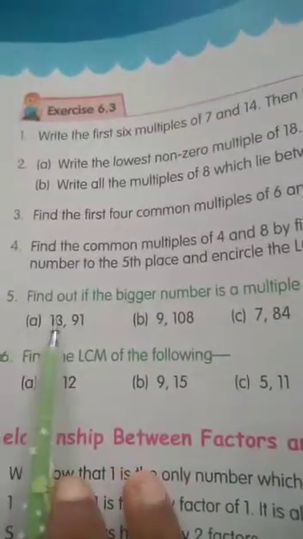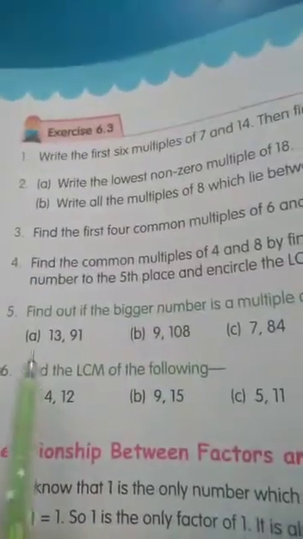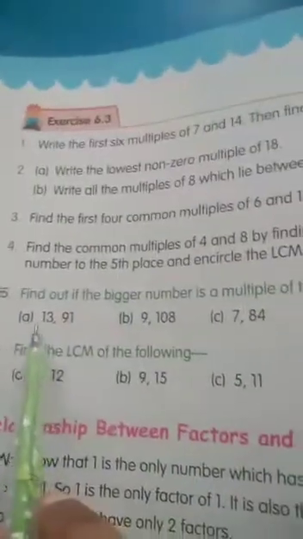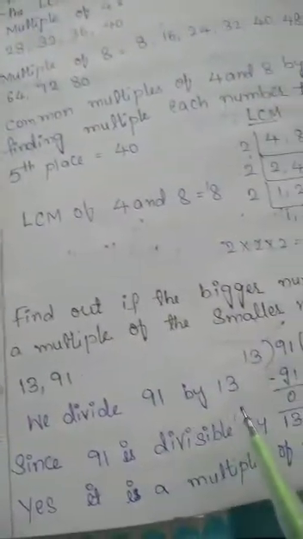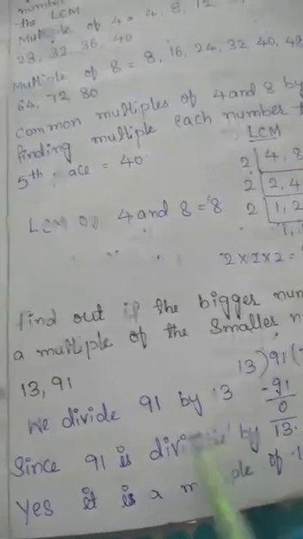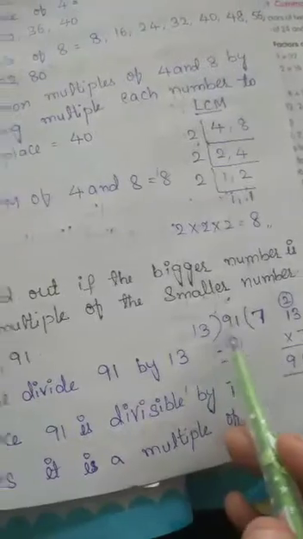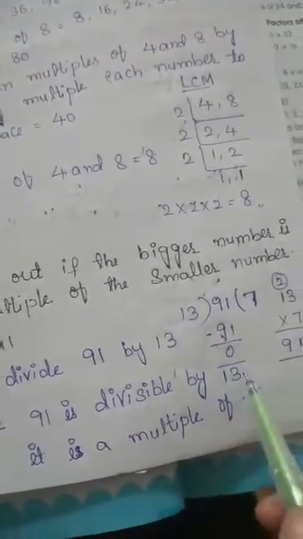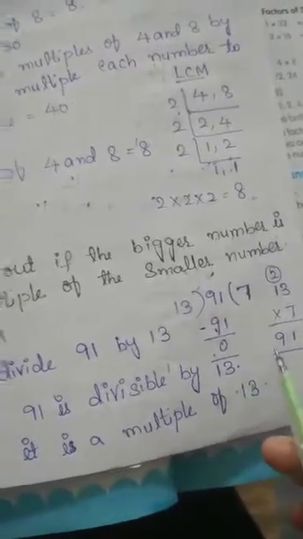Let us solve the fifth bit. Find out if the bigger number is a multiple of the smaller number. First question is 13, 91. So we divide 91 by 13. 13 sevens are 91. 91 minus 91 is 0.